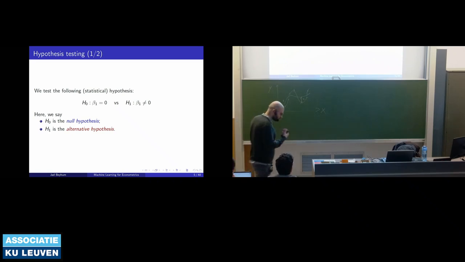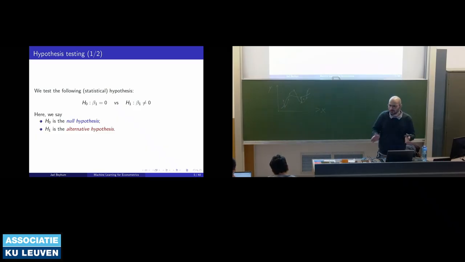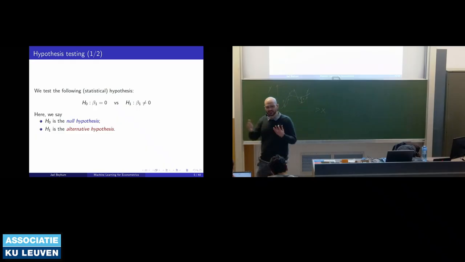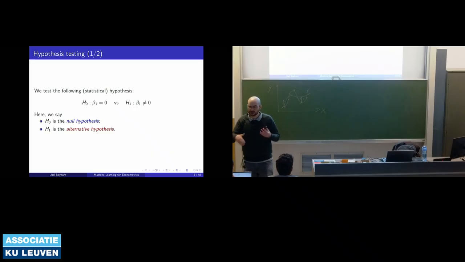So what's happening essentially in the justice system is we start from the null hypothesis. We think what is the normal thing that we should observe under this null hypothesis. If we observe something that is very unlikely under the null hypothesis, say, as I said, the suspect was seen close to the murder place at the time of the murder, then we can reject this null hypothesis of innocence. So that's what's happening in the justice system, and that's essentially what we do also in statistics.